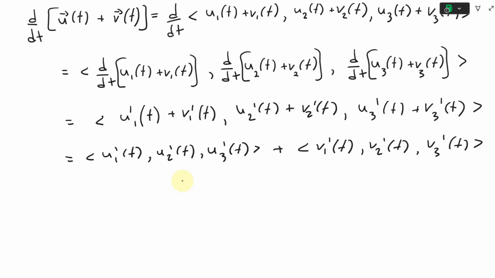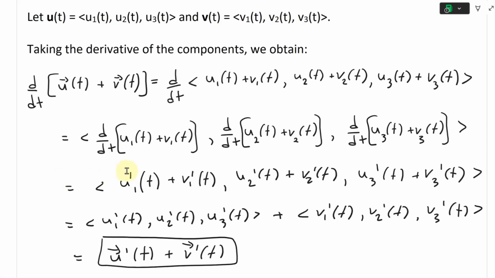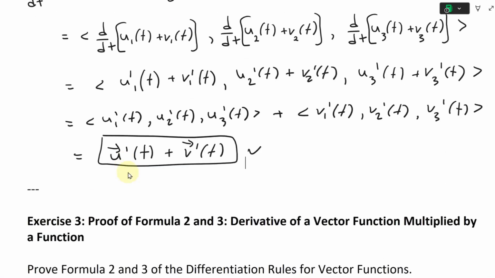In other words, we get two vectors combined, which we can write as u prime of t plus v prime of t. So we can box this in.